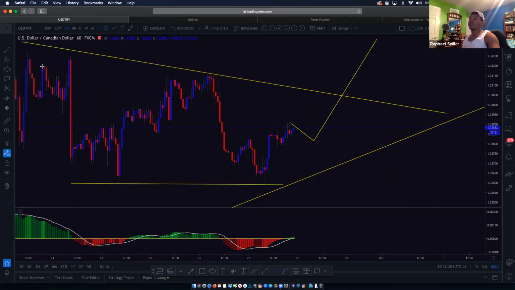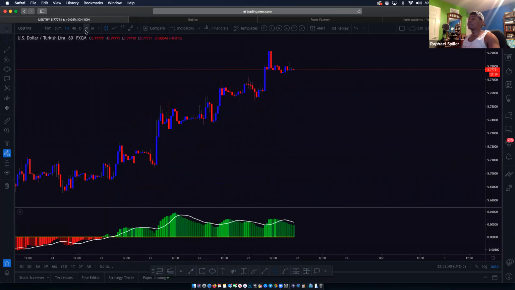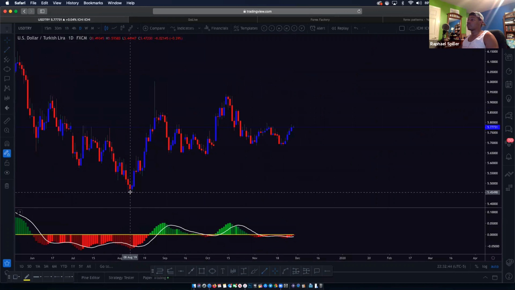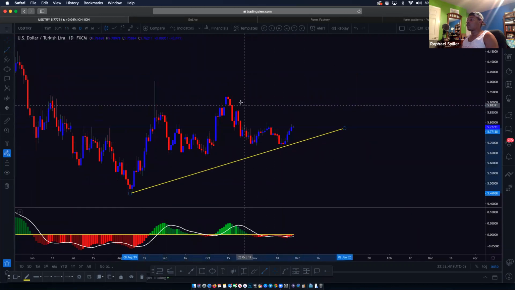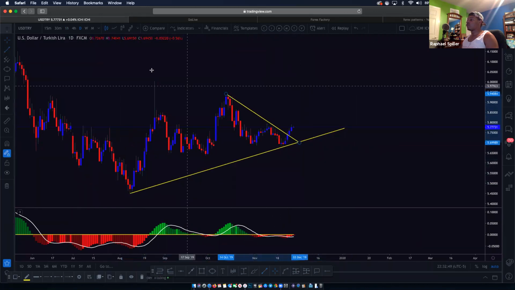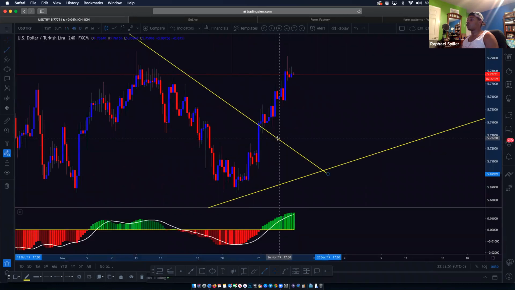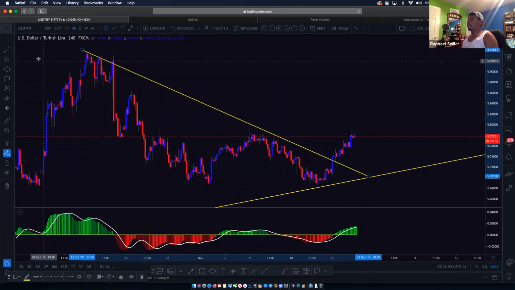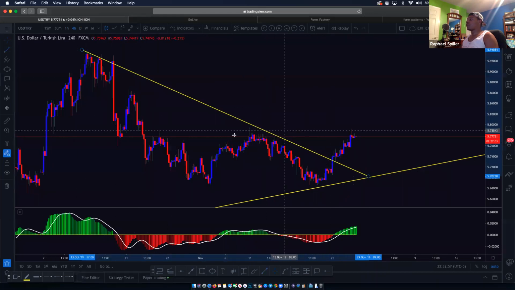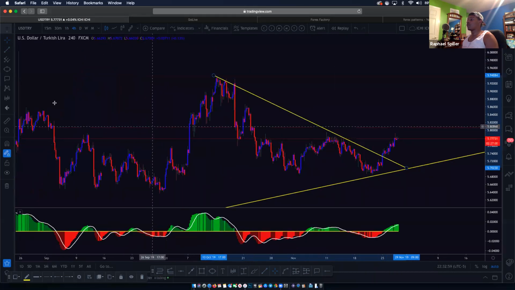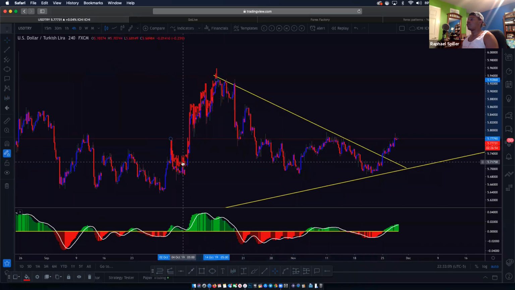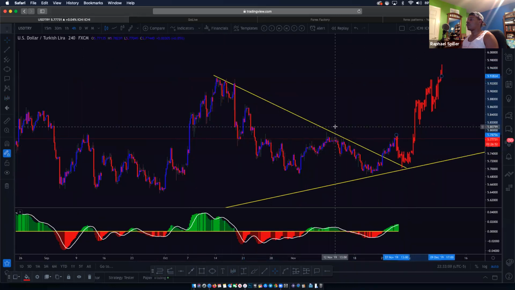So let's see, USD TRY. Minor up move. Boom. So what we need, see if we can do it. Yep. What we need from USD TRY is a bullish flag.